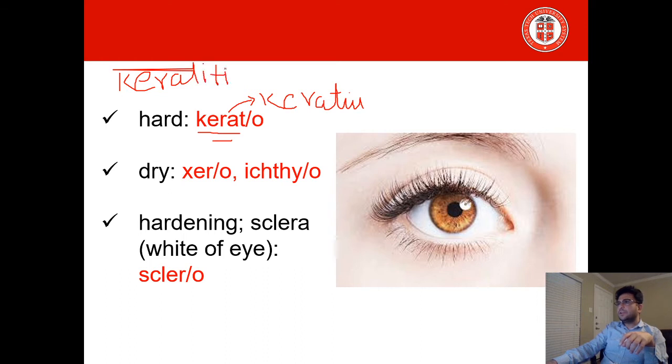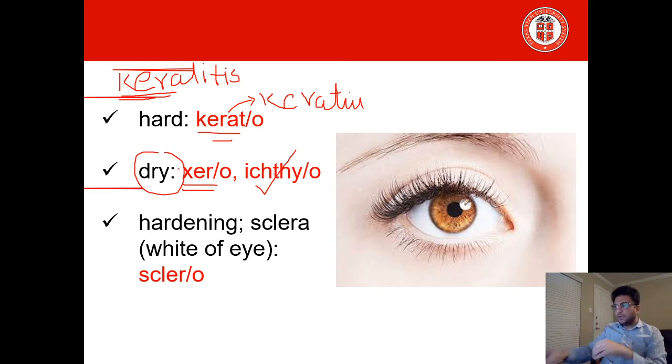So you know that itis is inflammation. So if because of the inflammation the skin goes hard, that's keratitis. Now, another term for dry, we have seen in our previous slide, ichthyo. Another word is xero. So please make sure that we have two terms for dry. One is xero and one is ichthyo.